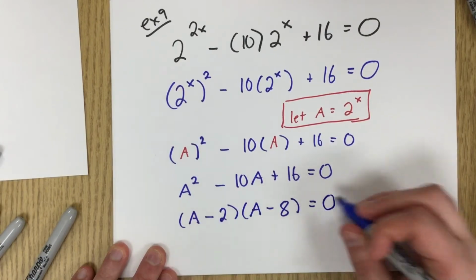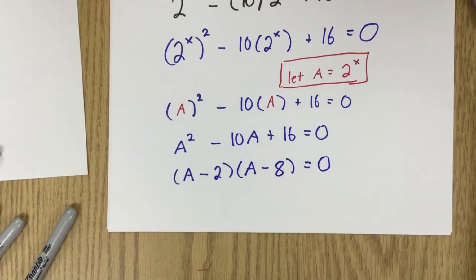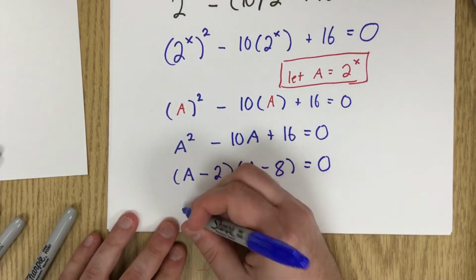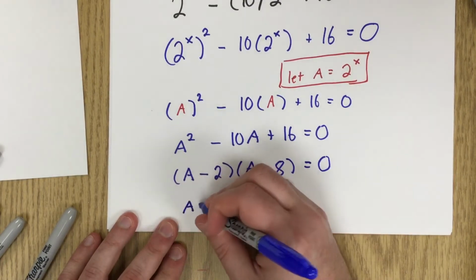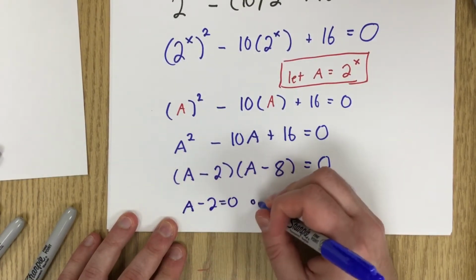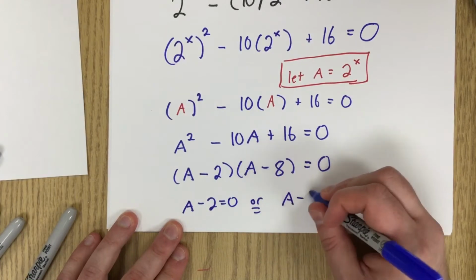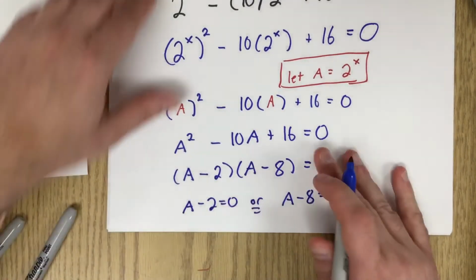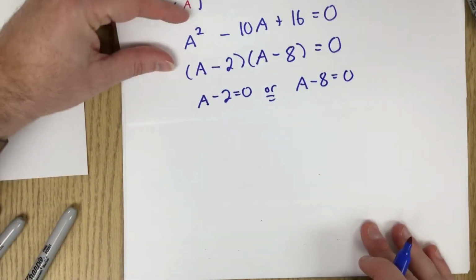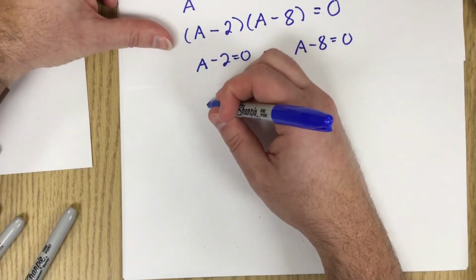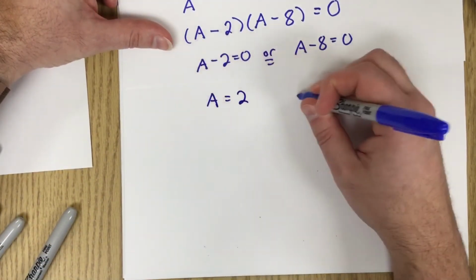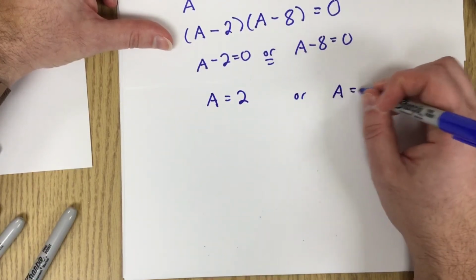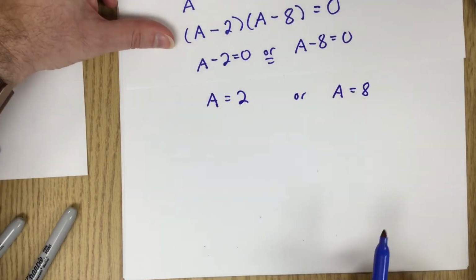So (a minus 2) times (a minus 8) equals 0, which means that a minus 2 equals 0, or a minus 8 equals 0, which means that a equals 2 or a equals 8. And those are the solutions for a.